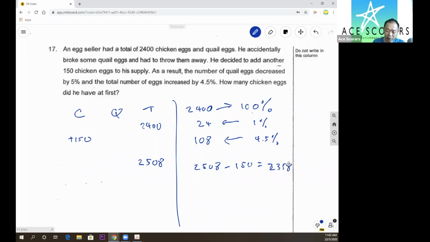2,358. Now 2,358 is here. Right. Now, is there anything? Did she break any chicken eggs? No, she did not break any chicken eggs. Okay, but she broke some quail eggs. So after breaking some quail eggs, the number of eggs left became 2,358, which means we can now find the number of quail eggs broken.